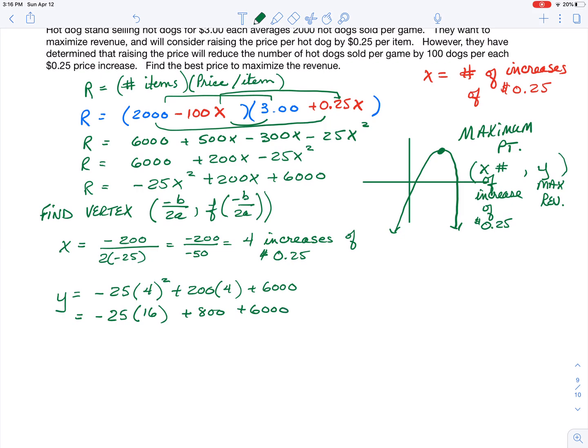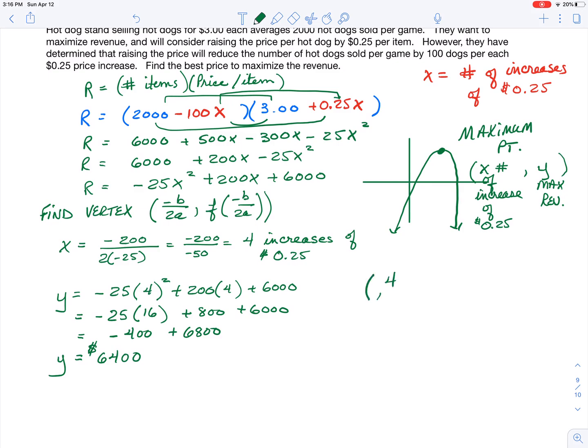And I'm going to have to pick up my calculator again and multiply negative 25 times 16, and gives me my negative 400. So this number for y, that is the revenue. So let me write the coordinates down.